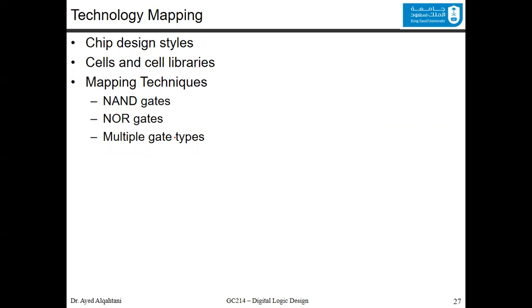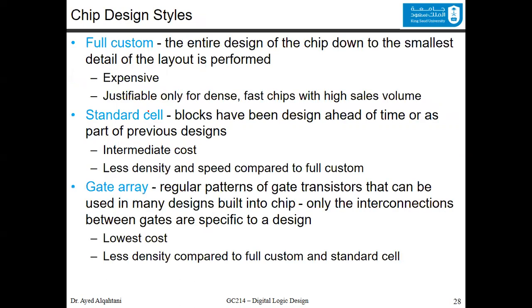For example, if you have a design and you want to design it only using AND or XOR and probably inverter, you can have these conditions and you do the mapping based on these assumptions. The chip design styles could be full custom, standard cells, or gate array.